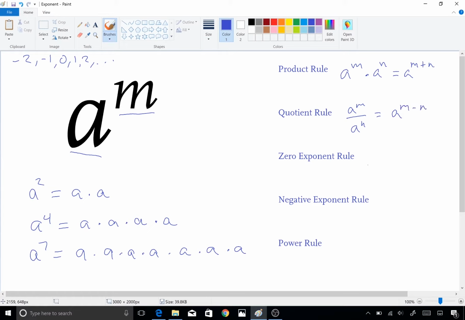The zero exponent rule, which says that a to the 0 is 1 no matter what a is. The negative exponent rule says a to the negative m equals 1 divided by a to the m. And the power rule, which states a to the m to the nth power is a to the m times n.